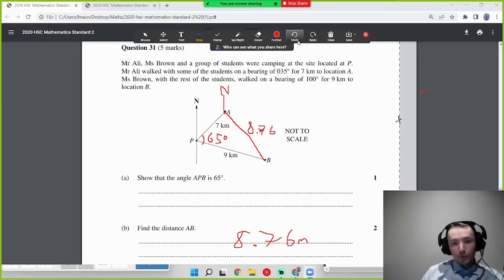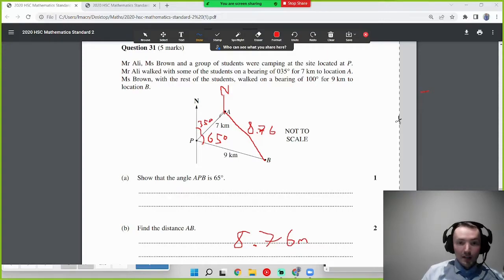So the first part of this is, since these are both pointing straight up to north, you essentially can state that these lines are parallel. And when you have two parallel lines, that means that these two internal angles will add up to 180 degrees. And if you remember, we know that this is 35 degrees.